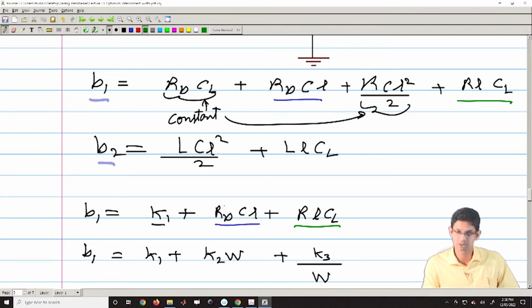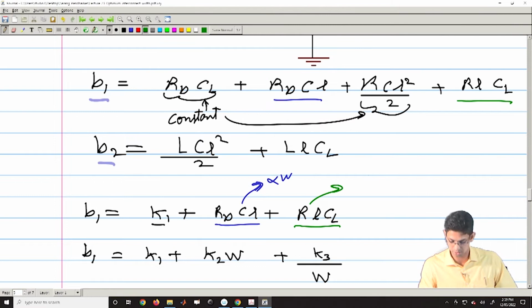Now, RD is constant, whereas C depends linearly on omega, and in this case L into CL is constant, but your RD is proportional to 1 by omega.